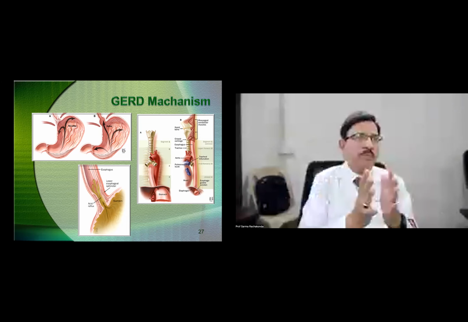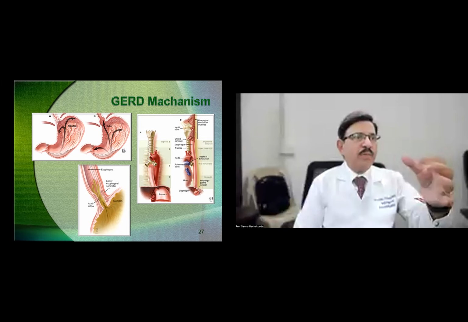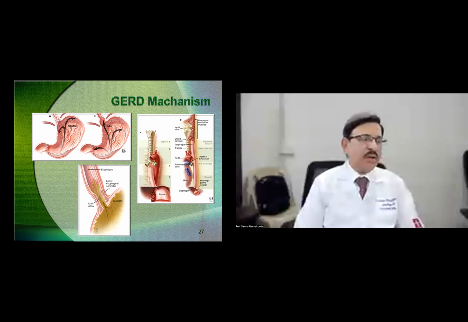What happens in people who have gastroesophageal reflux is that this transient relaxation of the esophageal sphincter occurs more often. The number of times it opens has increased, that means every minute or every half a minute it opens.